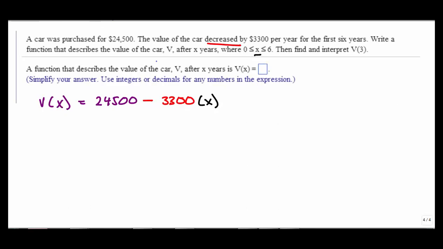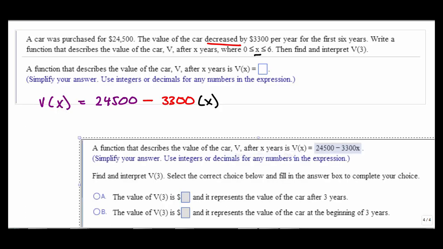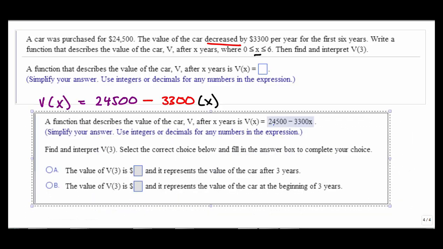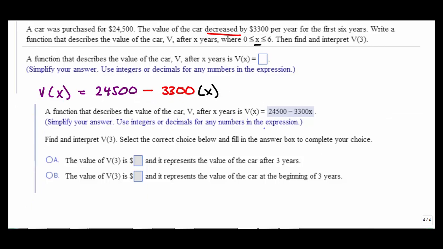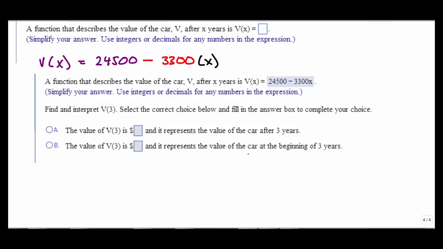Okay, so let's go ahead and plug in part 2 to this question. So we just put in the 24,500 minus 3,300x from here. It says find and interpret v of 3. Okay, so v of 3. v of 3 means what is the value of the car after 3 years?